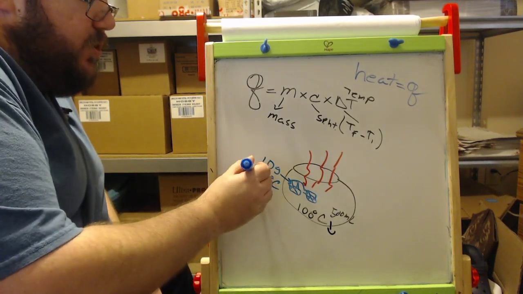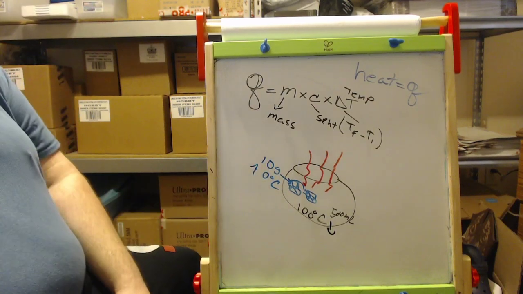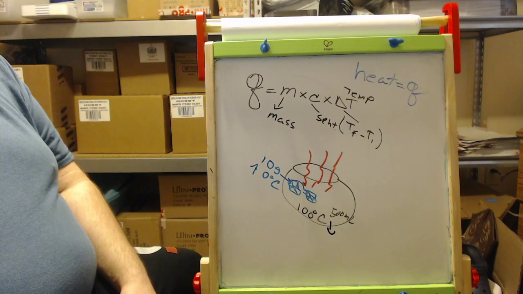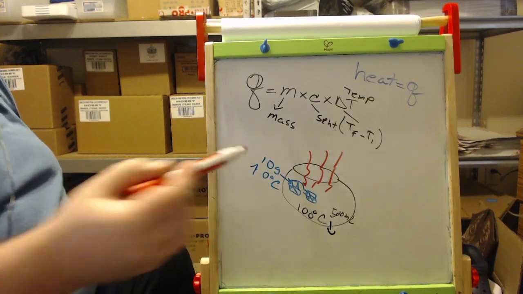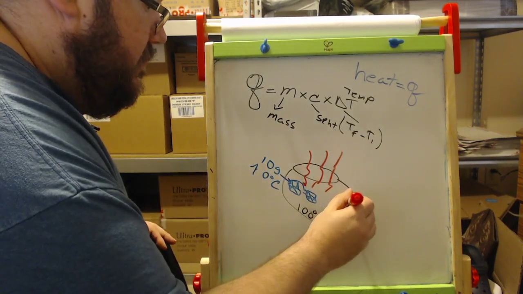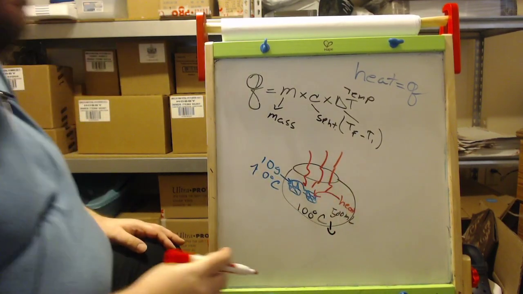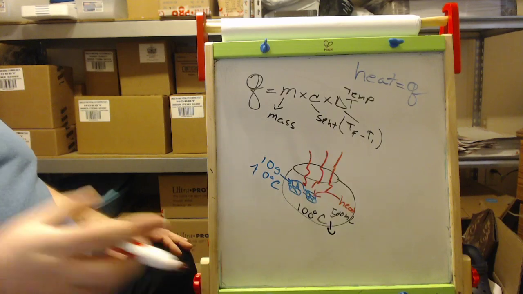The ice's temperature should go up. And this is why the ice melts. So what's happening is that heat is transferring from the soup to the ice.